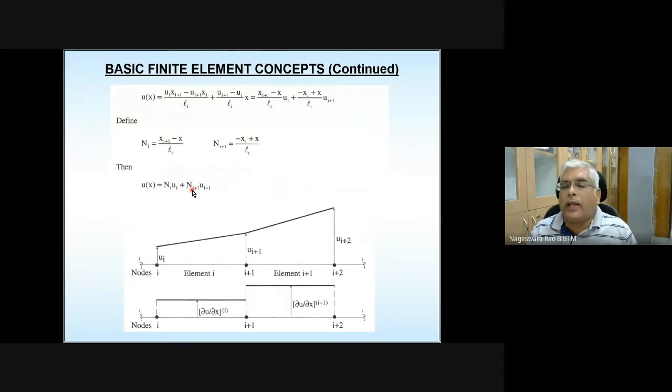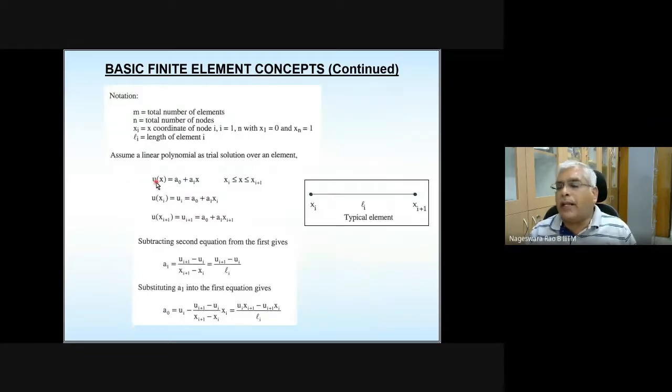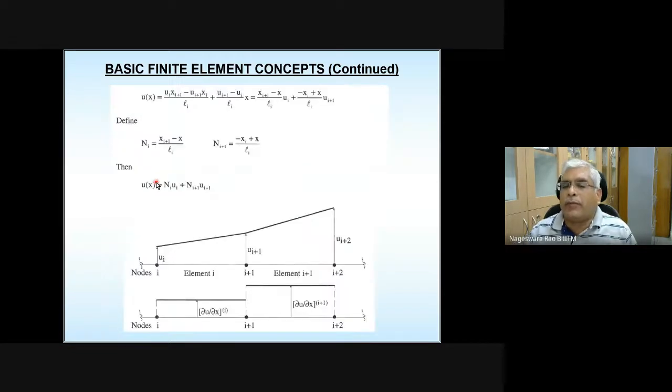And now, instead of writing u is equal to a naught plus a1x, we came up with a different way of writing the same thing. u is equal to Ni ui plus Ni plus 1 ui plus 1, where Ni is the shape function or interpolating function corresponding to the ith node.